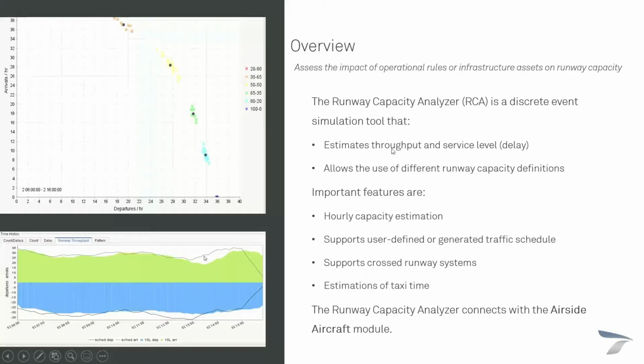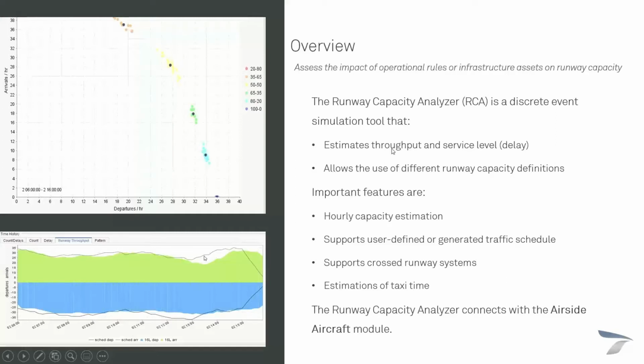Okay, so this tool provides you estimates of throughput and service delay by assuming that the aircraft needs so many seconds on the runway. Okay, and also at the same time trying to respect the separation between arrivals and the separation needed, for example, if you want to have one departure in between arrivals on your runway.